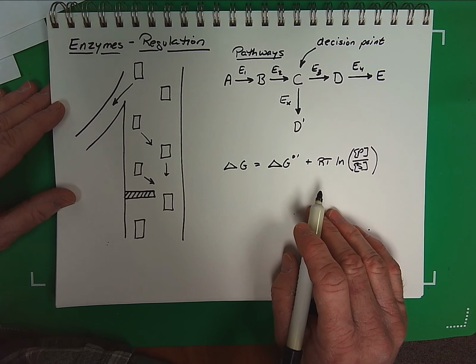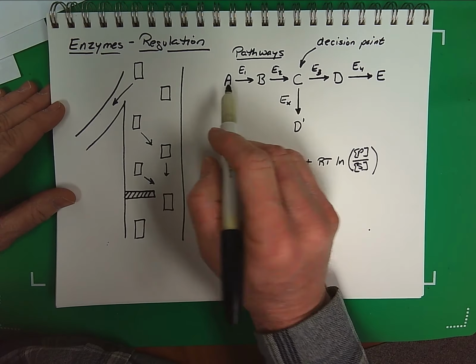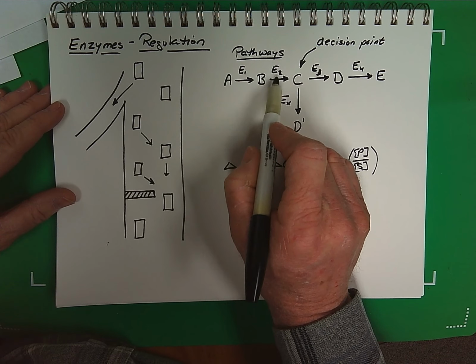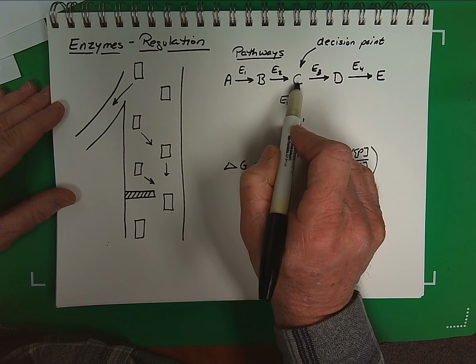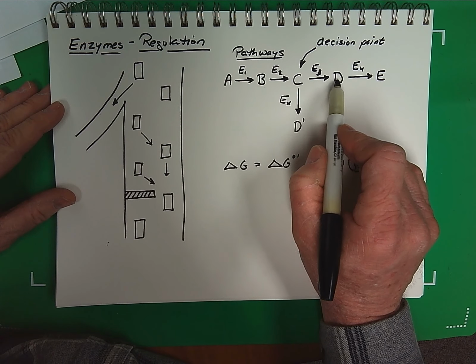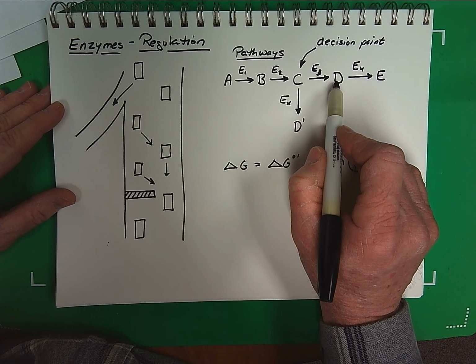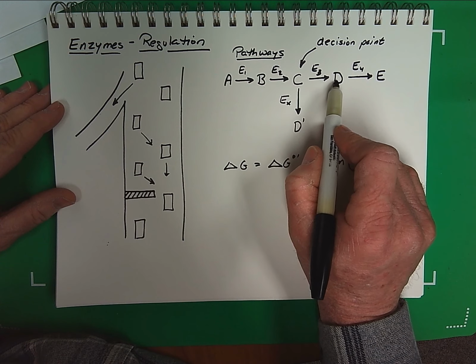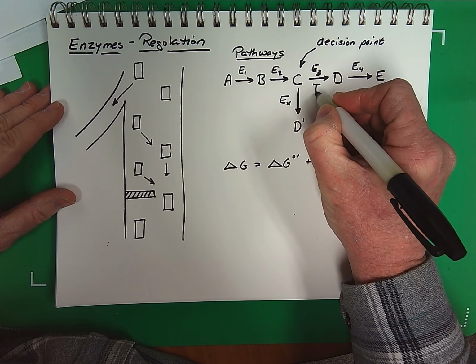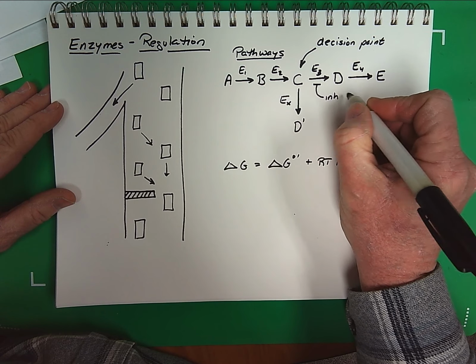Let's say that A is forming B, B is the substrate for E2 forming product C, so we are progressing down our pathway. But now when we get to this point, let's say that C, instead of becoming D, we are able to inhibit enzyme E3.